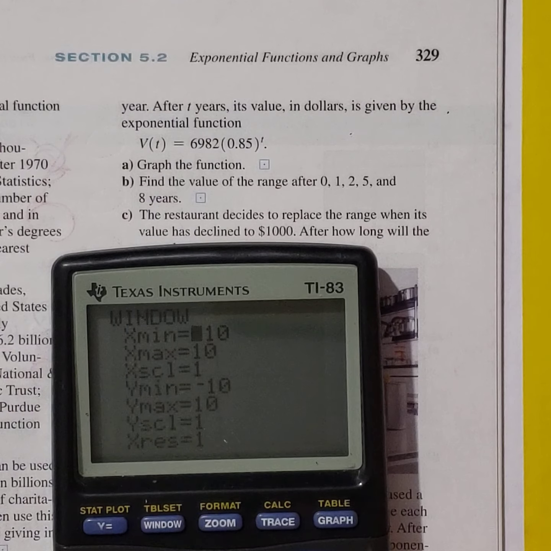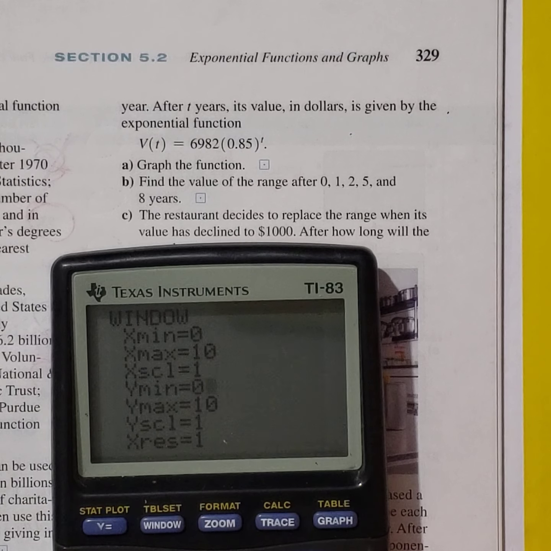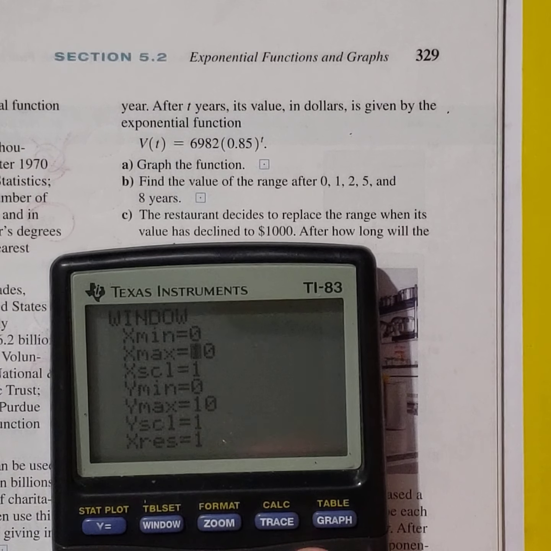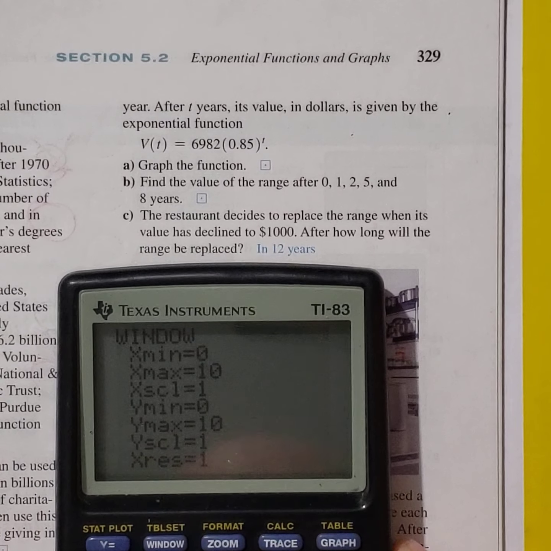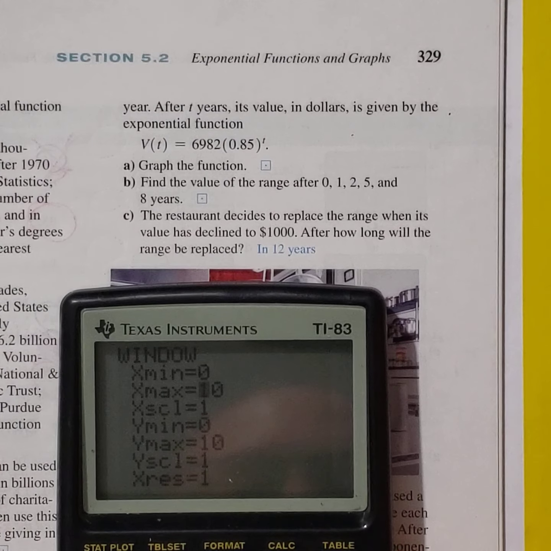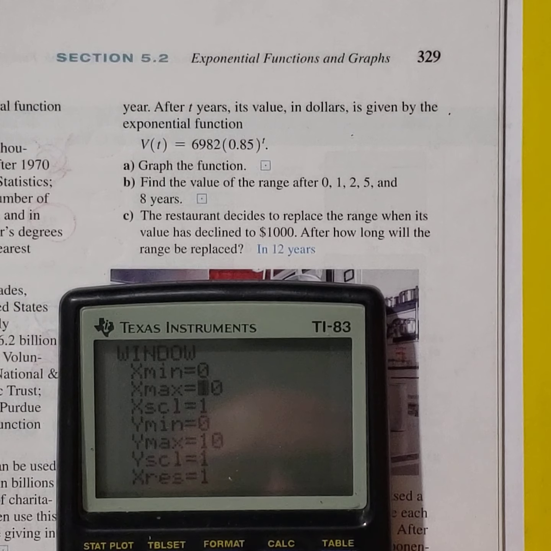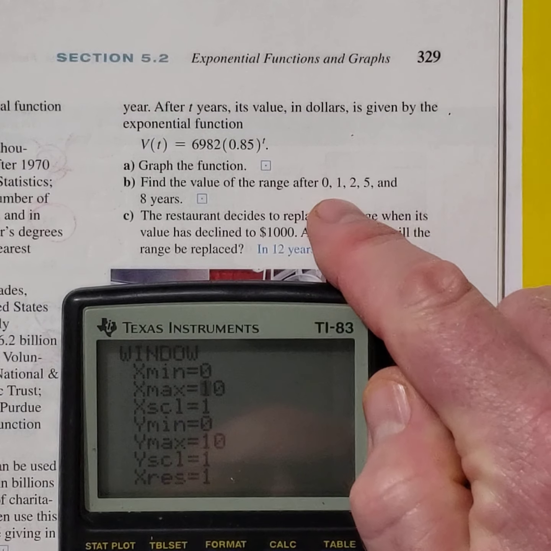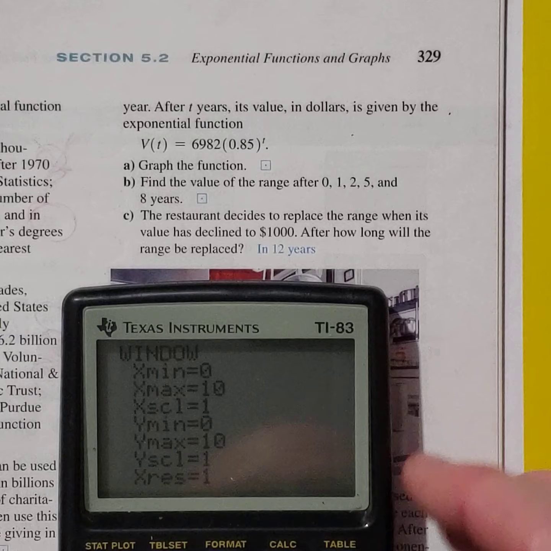This is the same as the several times we've done this already in class. Our x min will always be 0. Our y min will also always be 0. We just need to figure out the x max and the y max. Now, we know that x stands for the number of years that we've had this range. And in the problem, we're asked to find the value after 0, 1, 2, 5, and 8 years.